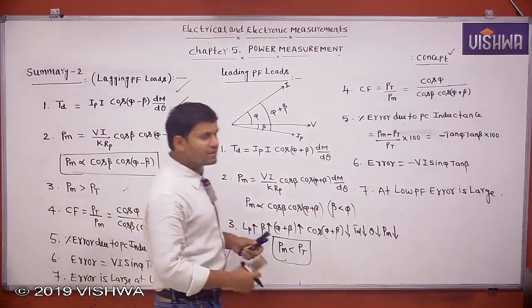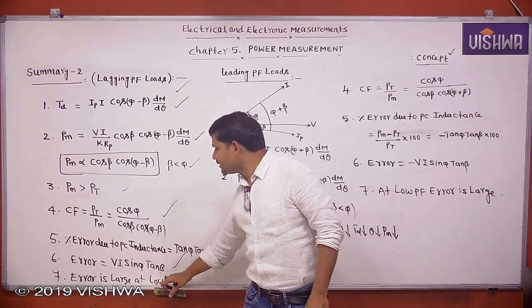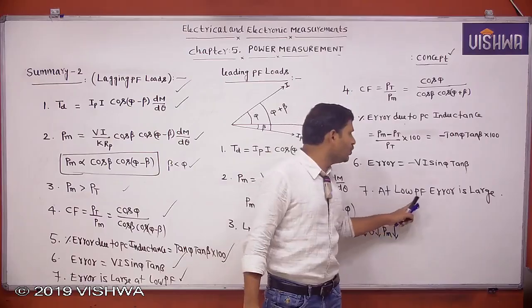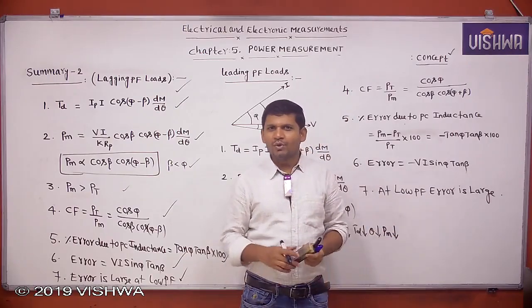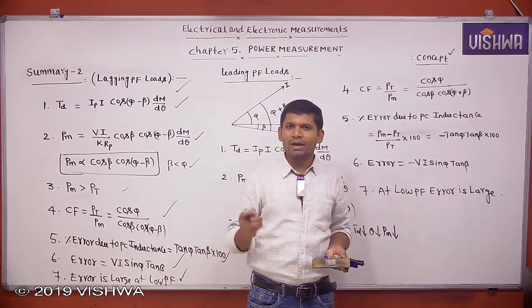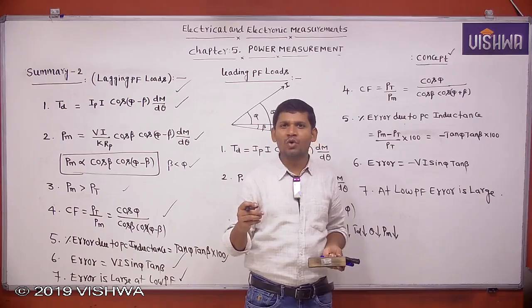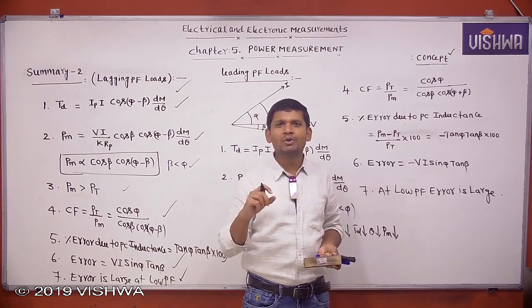But don't think like this, sir, for lagging loads, you are telling that error is large at low power factor, but at leading loads, error is small. That is meaningless. 0.2 lagging also low power factor, 0.2 leading also low power factor. We are not talking about type of load. We are talking about magnitude of power factor. 0.2 lagging, 0.2 leading.